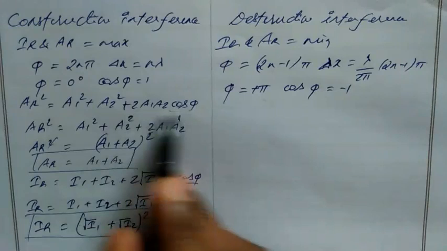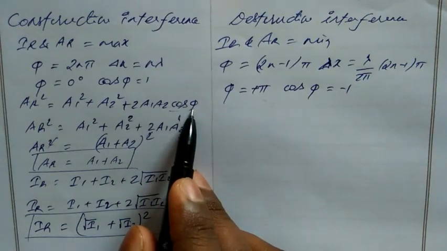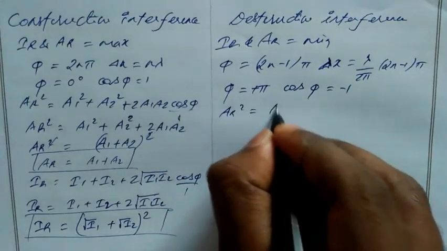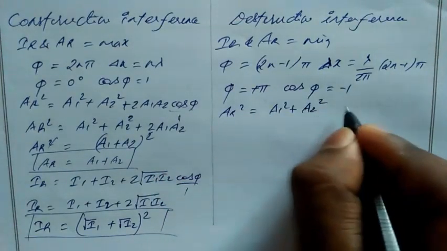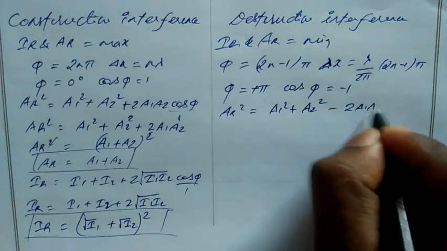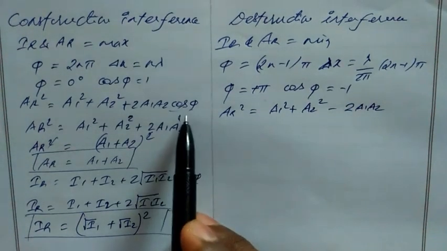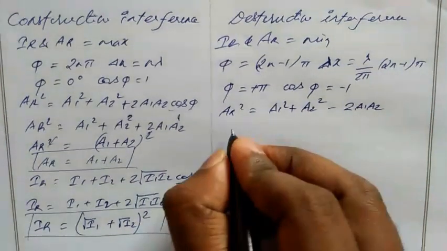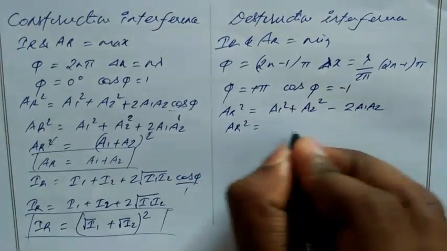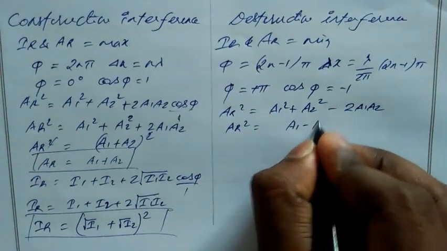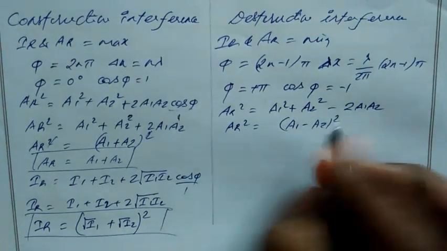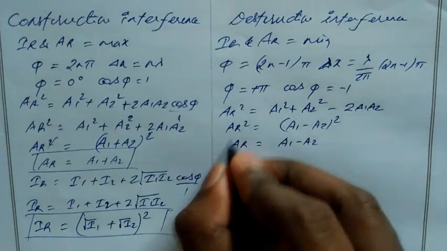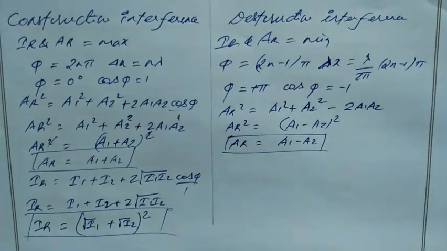Then substitute the value here. If we substitute cos phi as minus 1, we will get minus here. So the resultant value Ar square equal to a1 square plus a2 square minus 2a1 a2. So this is in the form of a minus b whole square, correct? So we can write Ar square equal to a minus b whole square. Square and square get cancelled. Then Ar will be a1 minus a2 for destructive interference.